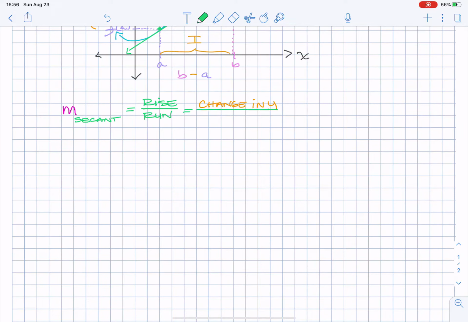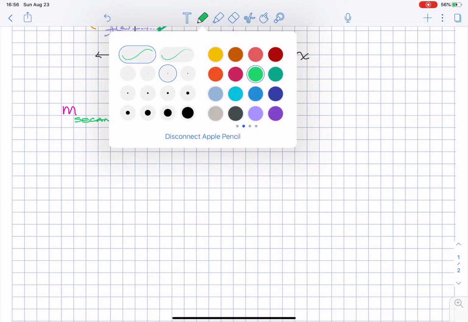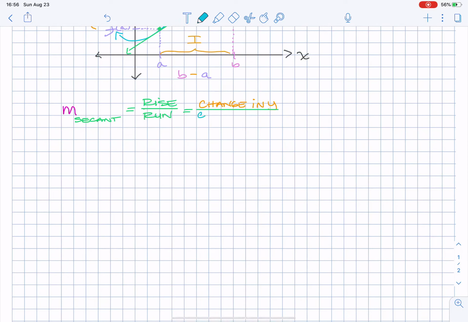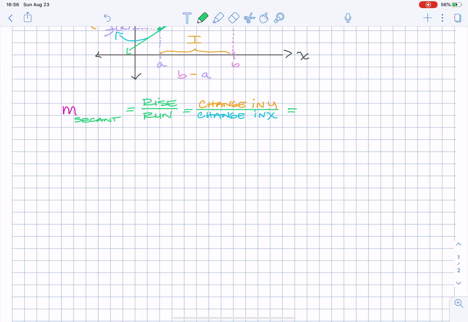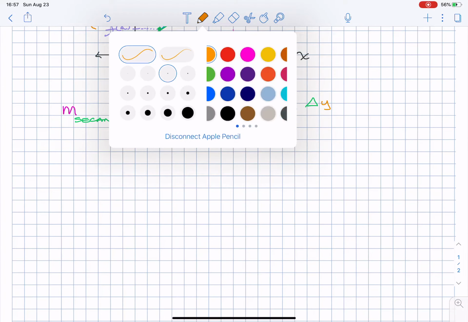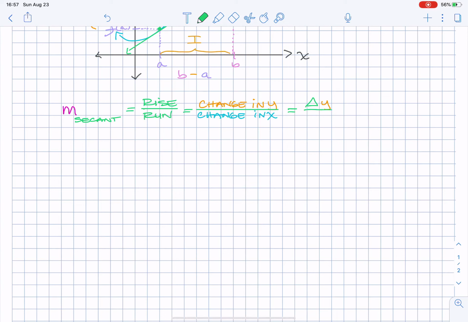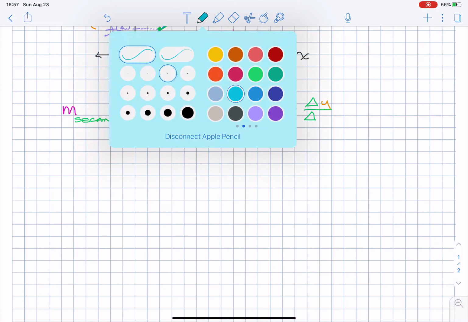We rise vertically and run horizontally. So the math notation for that is delta, which means change. So delta y, change in y, over delta x, change in x.